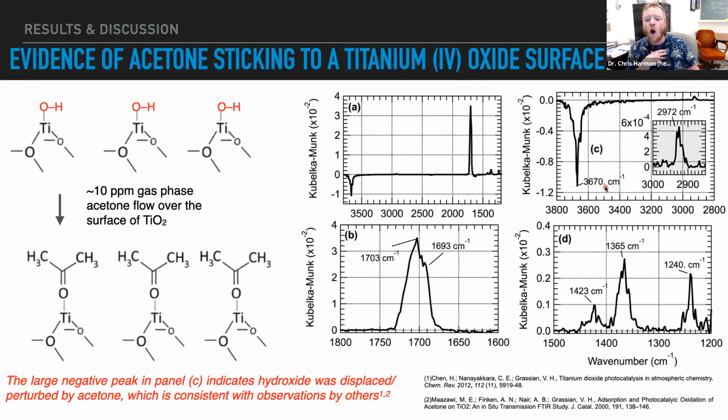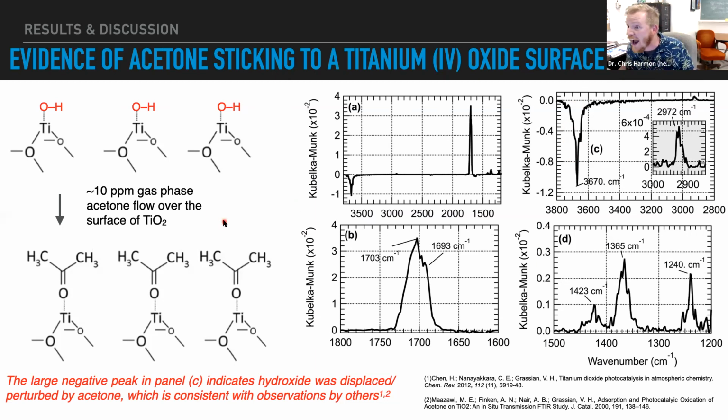When we view OH stretches in bulk liquid water, it's a broad stretch that occurs between 3,400 to 3,000. These dangling hydroxides are not strongly hydrogen bonded with any other waters, so it's going to be a nice sharp peak at a higher wave number. And this is consistent with observations of others.